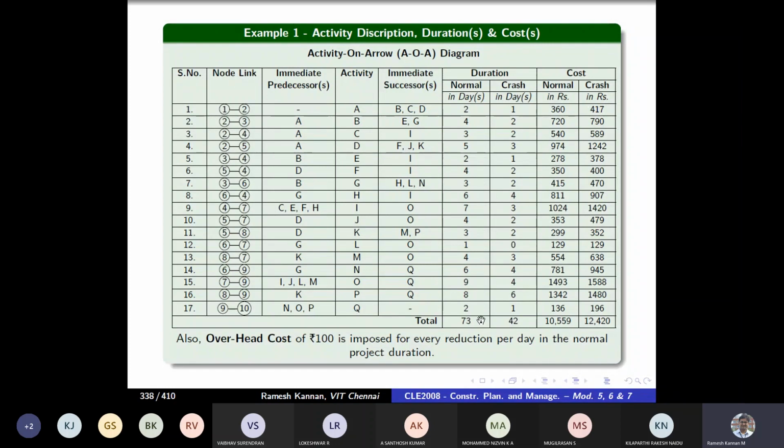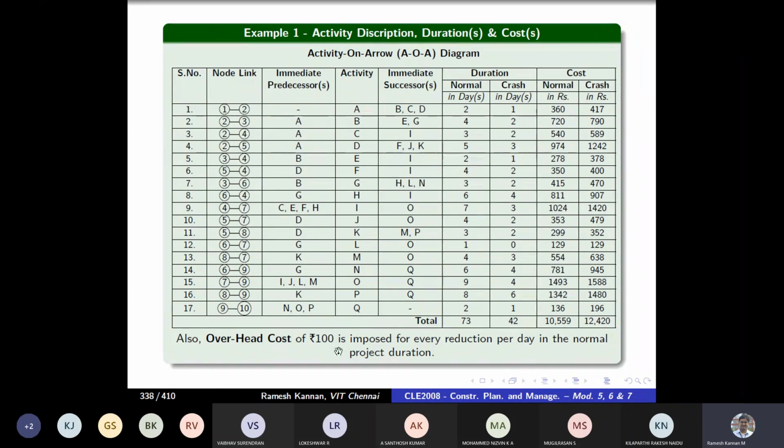And this is the total normal duration, total crash duration, total normal cost and total crash cost. A very interesting factor to note down is overhead cost. Overhead cost is an extra setup charge in addition to the normal charges, so it is generally calculated separately from the activity cost.